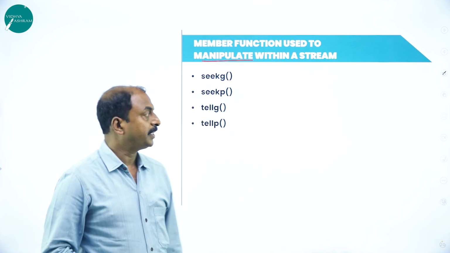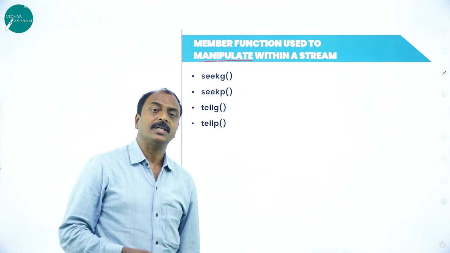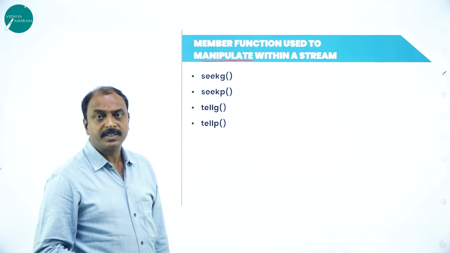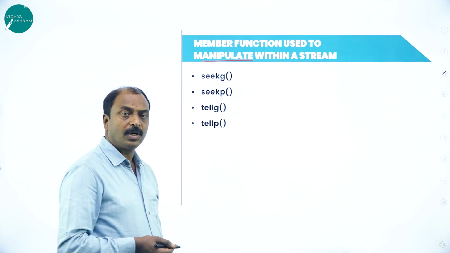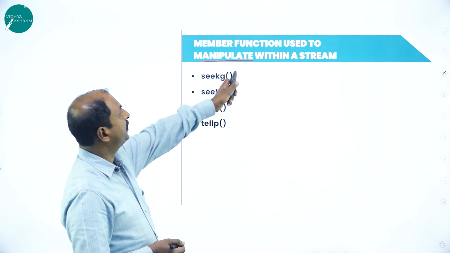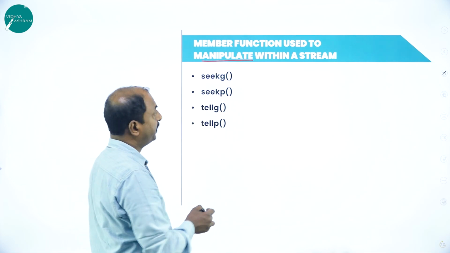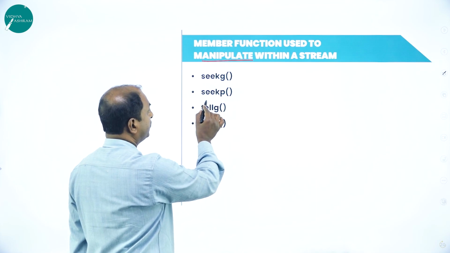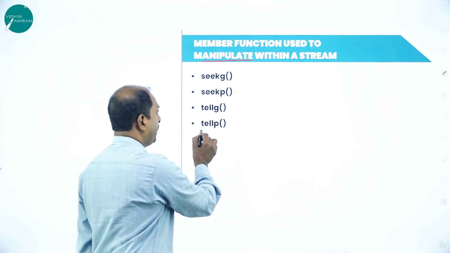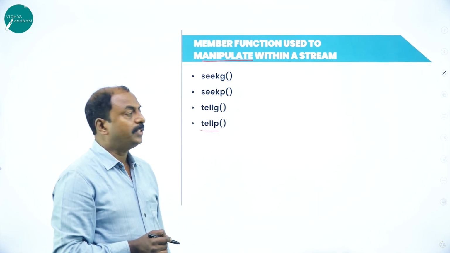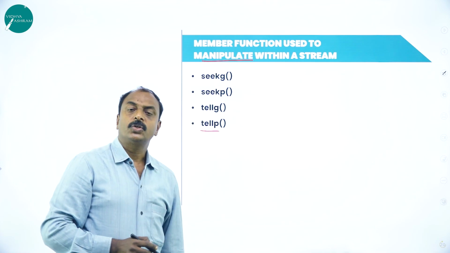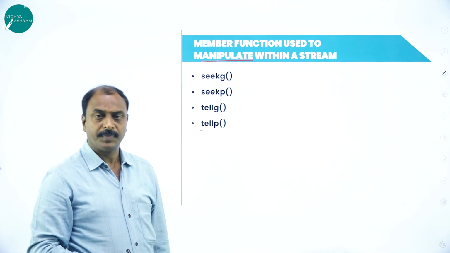All of this comes under manipulation of data within a stream class. Here there are 4 different functions: seekg, seekp, tellg, and tellp. These are different functions to manipulate the data within a stream.